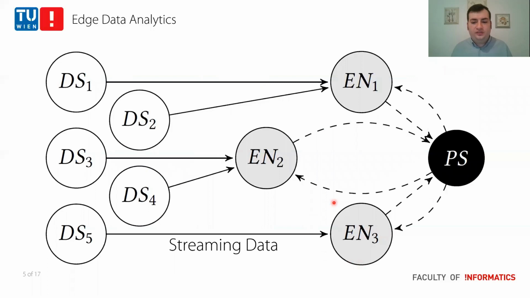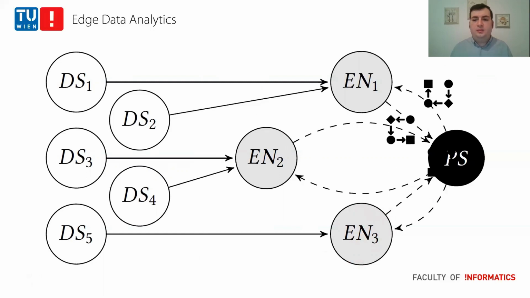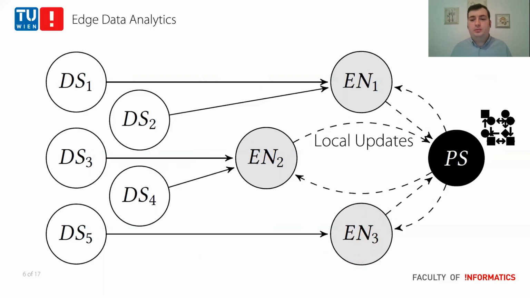In edge data analytics, data sources, such as electric vehicles in the previous example, send continuously streaming data to the geographically distributed edge nodes, such as the ones in roadside units in our example. And these edge nodes train local prediction models. These models are updated continuously, and periodically these model updates, we call them local updates, are sent to a centralized parameter server.